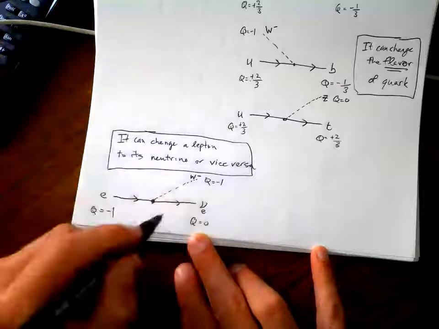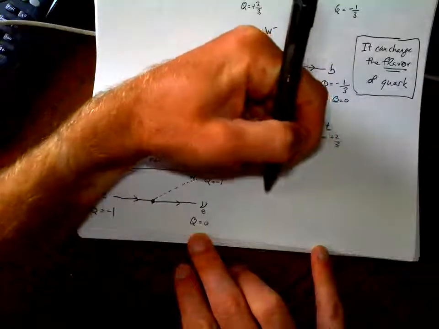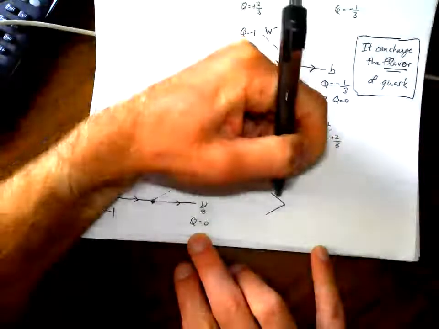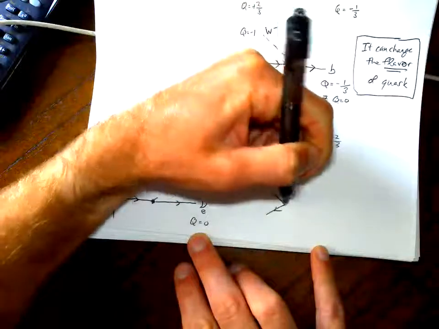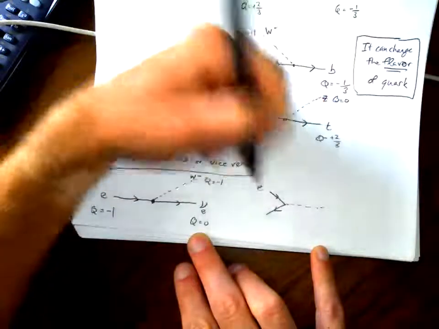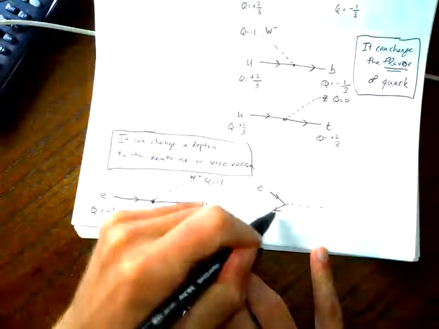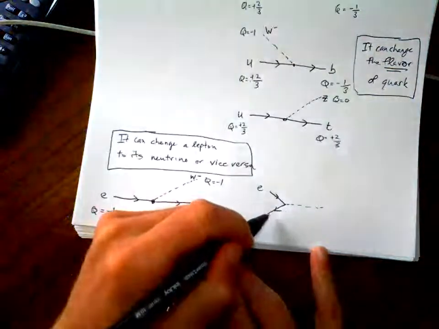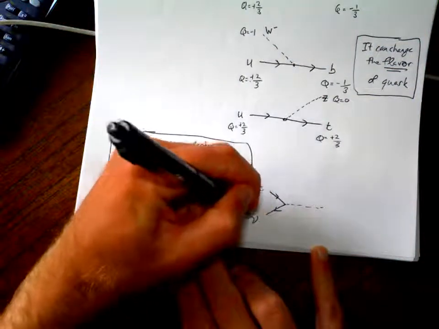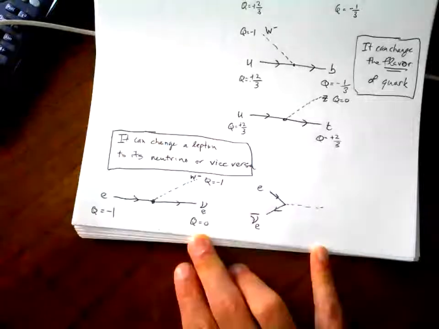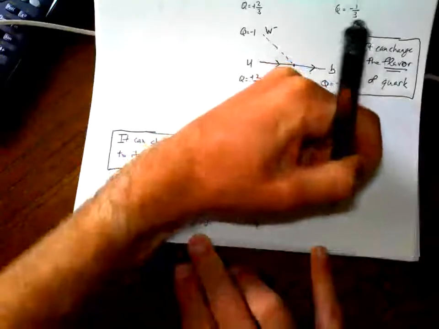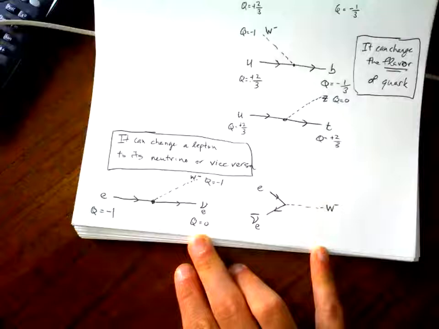So yeah, we can play around with this vertex if I did something like this. And this is an electron. We'll see how I've taken the neutrino arrow and I've turned it against time. So that would be an anti-electron neutrino, and this would still be a W-, and so on.